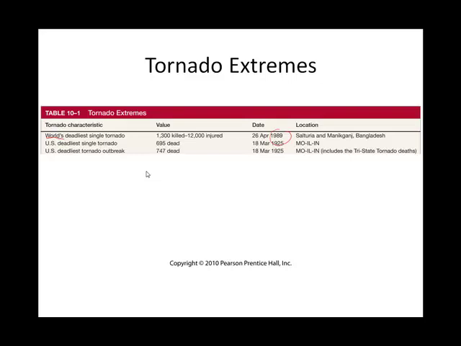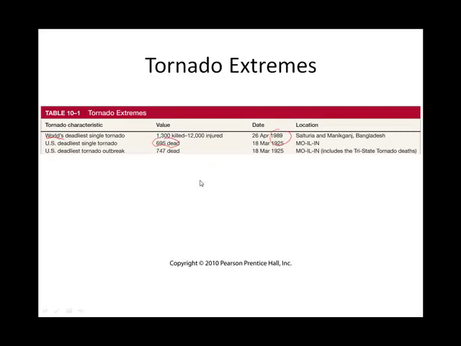So with regard to the United States, the deadliest single tornado, and we're going to see that there's something called tornado outbreaks, where, well, we talked about multi-cell systems, the squall line and the mesoscale convective complex, you could have multiple tornadoes form within those multi-cell storm systems.